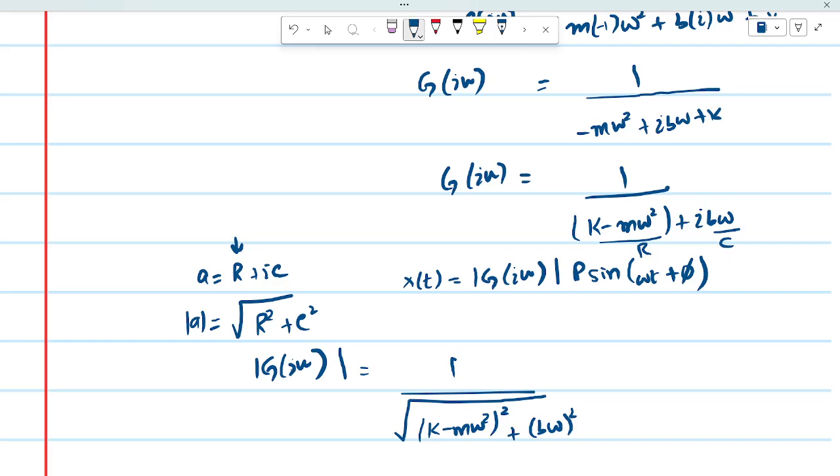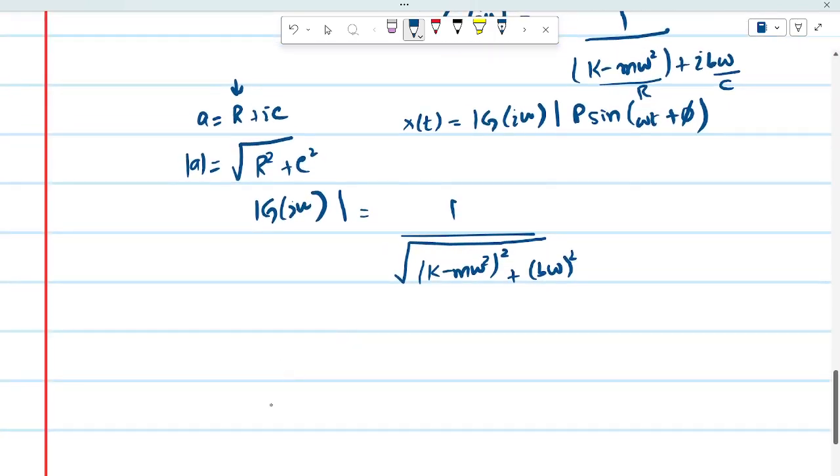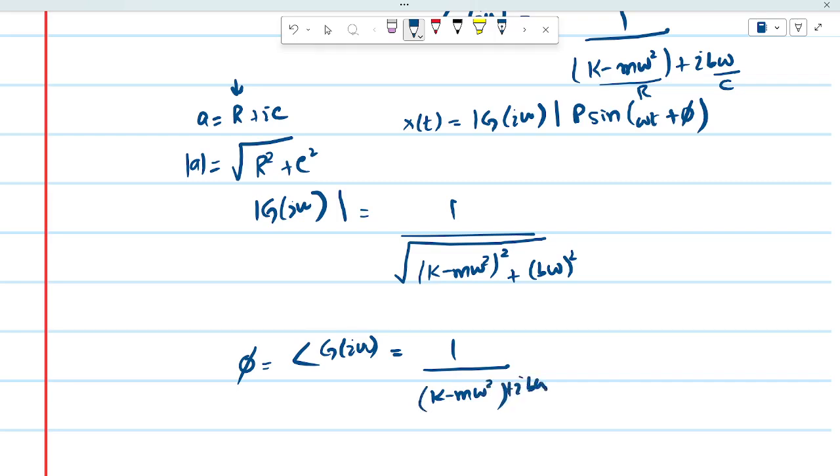In the same way we can calculate the phase angle of our transfer function. The phase angle of the transfer function can be written as 1 over k minus m omega square plus iota b omega, which can be written as minus tangent inverse of c over r.